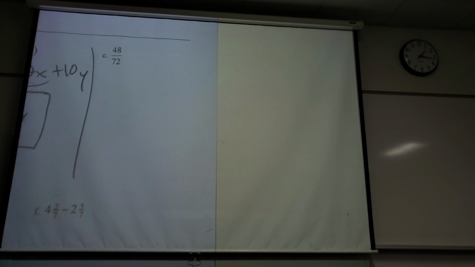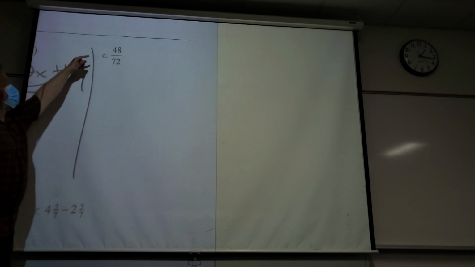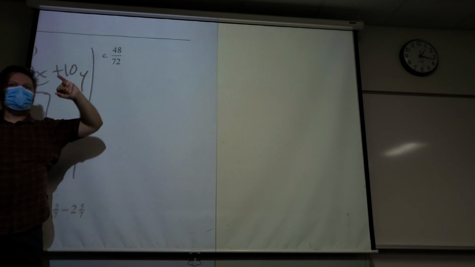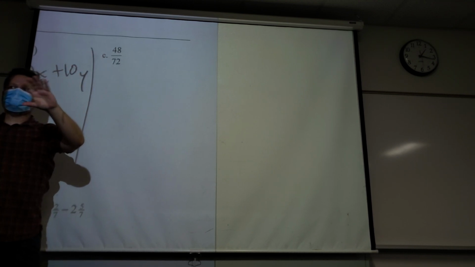What's the difference between 48 and 72? 24. Does 24 go into 48? How do I know it's definitely going to go into 72 also? Because it's counting by 24, of course. So of course it's going to go into 72 also. Does that always work? No. If these are 24 apart, then any factor of 24 could possibly go into both.